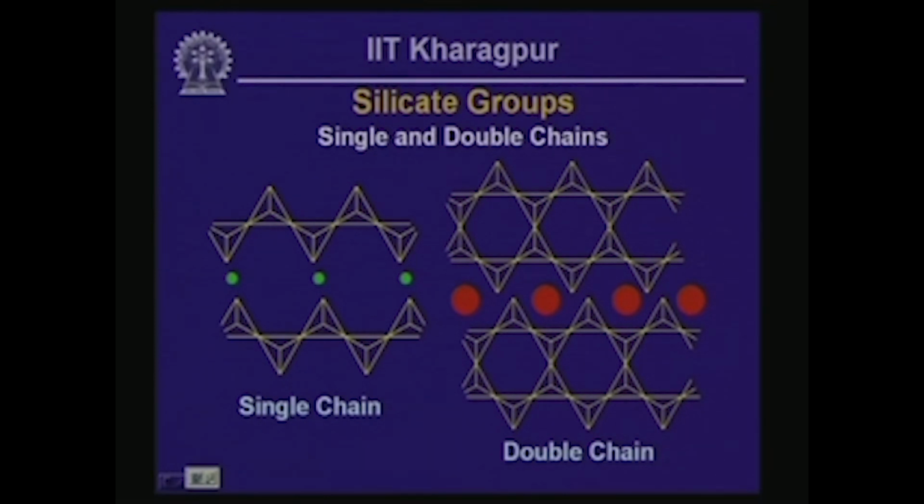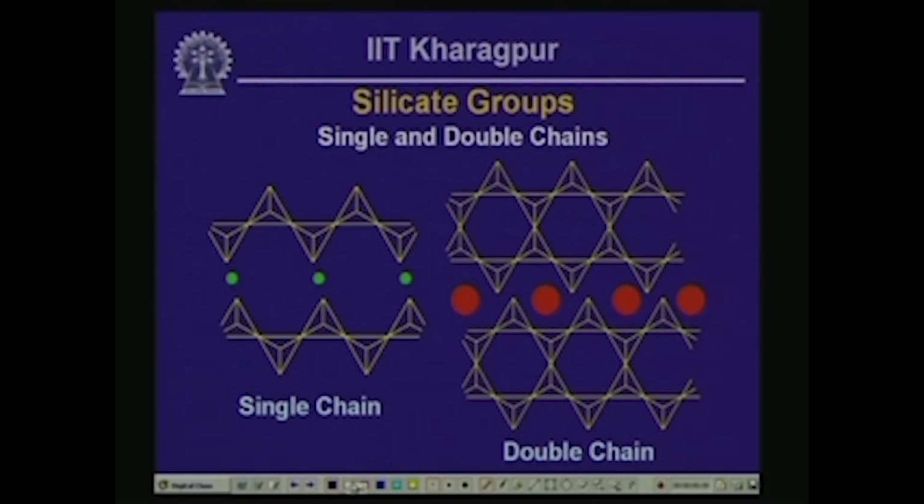The single chain structure is shown on the left of the slide here, and here you have got silica tetrahedra oriented in an opposite manner like this.